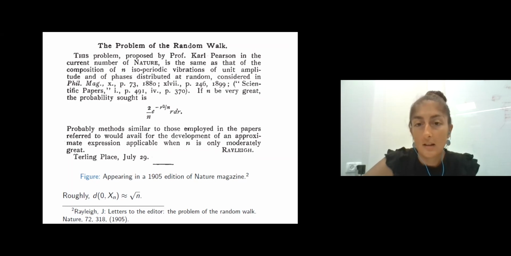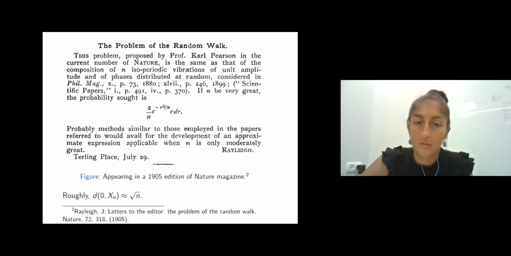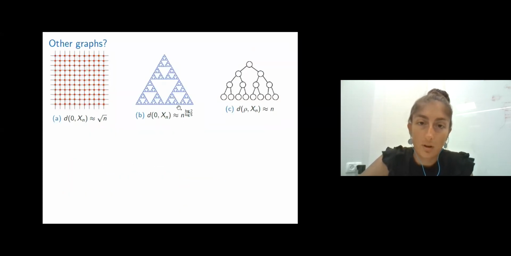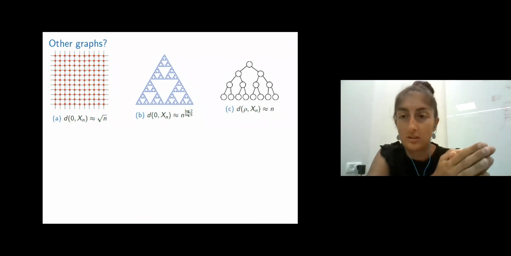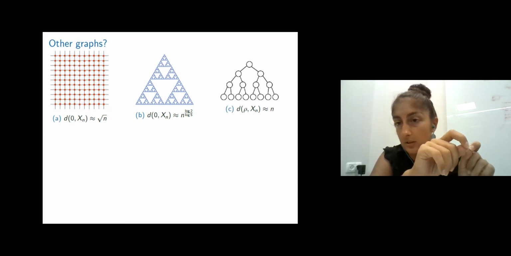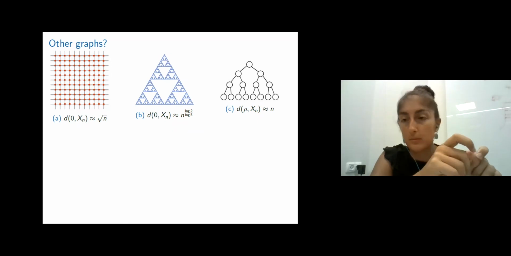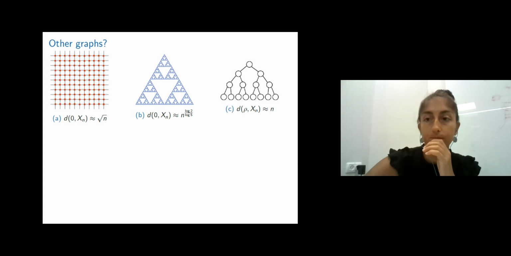And since then, we've started to ask the same question, but on more complicated graphs, apart from the lattice. For example, you can ask the same question if you take a simple random walk on a graph. This is just a discrete graph where at each time step you move uniformly to a randomly chosen neighbor of your current point.